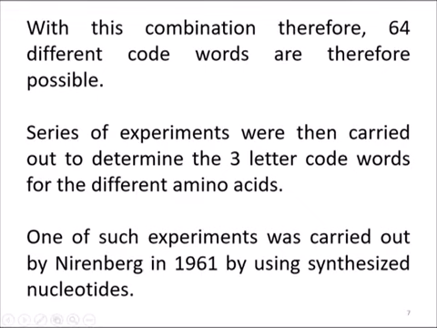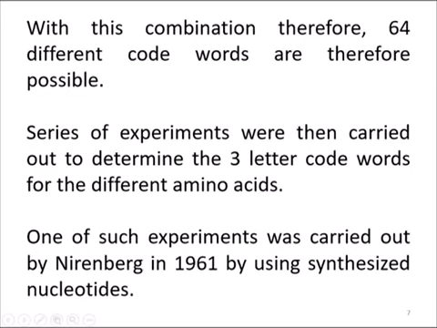A series of experiments were carried out to determine the 3-letter code words for the different amino acids. One such experiment was carried out by Nirenberg in 1961 using synthesized nucleotides.